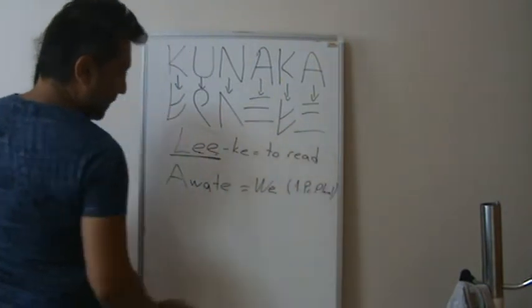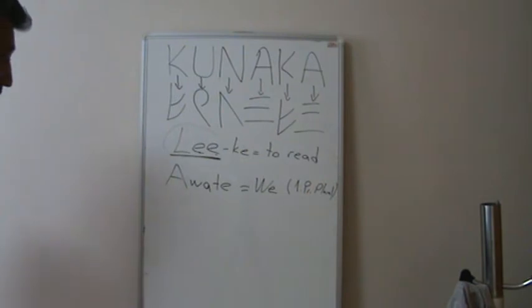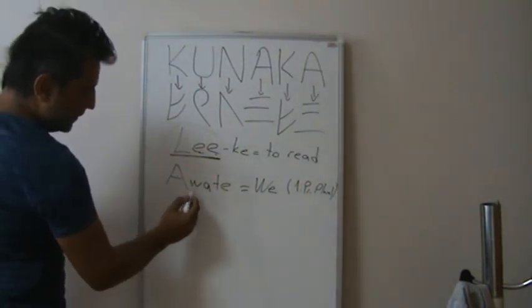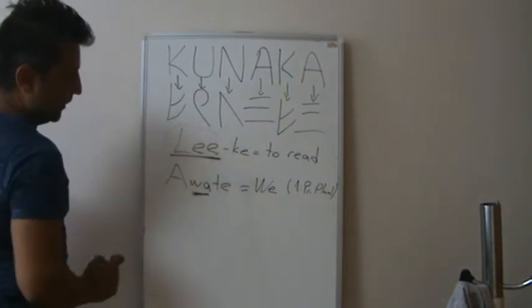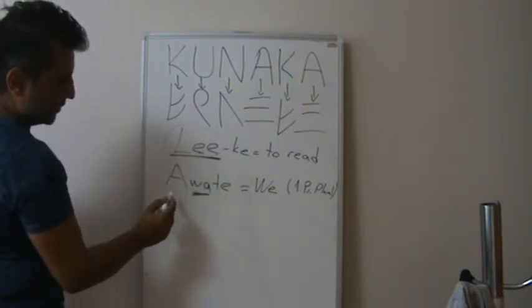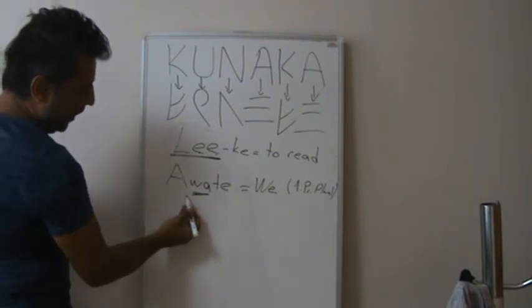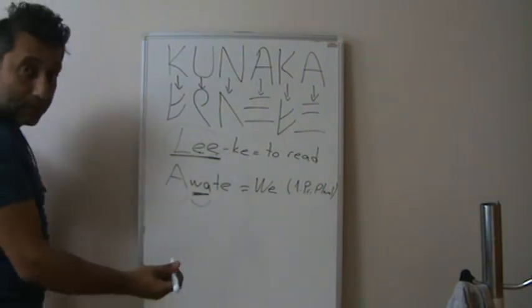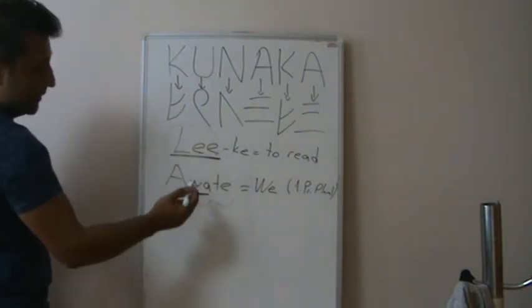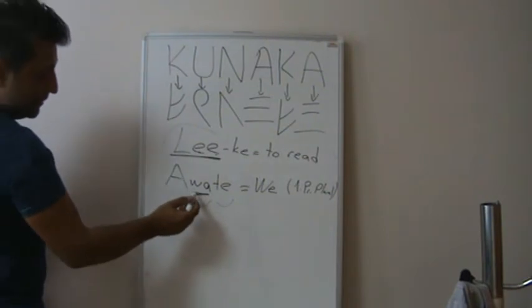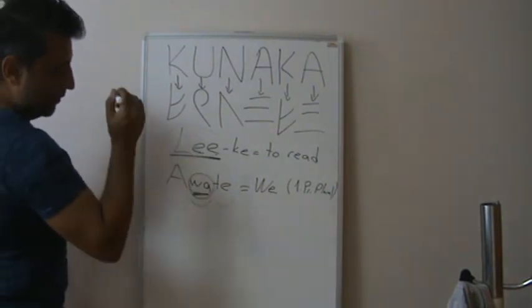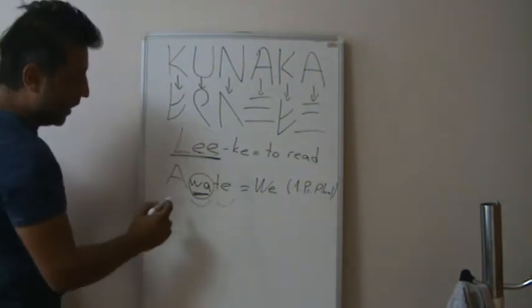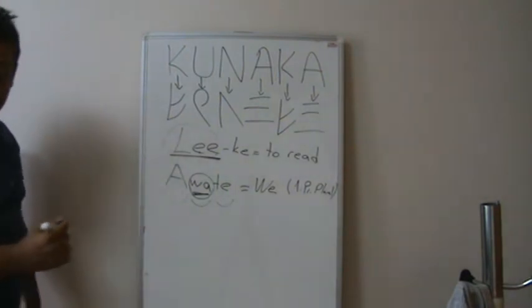It's the pronoun. The emphasis is on the middle syllable in the three-syllable construction. The first syllable is a, the second is wa, and the third is te. The emphasis is given to the middle syllable, wa.